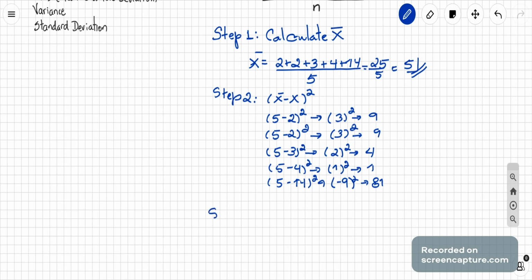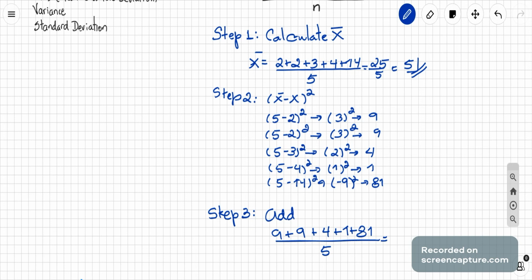In step 3, I'm going to add 9 plus 9 plus 4 plus 1 plus 81. I don't have that calculated just yet, but I know that I'm going to divide by 5.